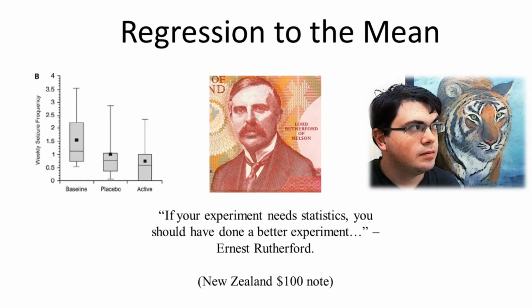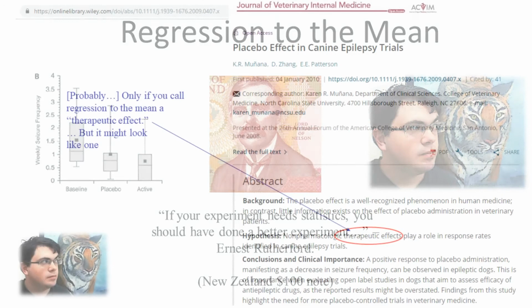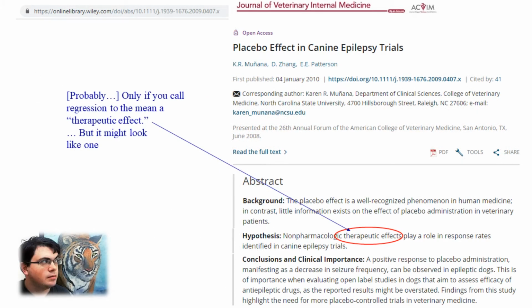I think essentially the same misinterpretation happened in this entertaining but misguided paper on what they call the benefits of the placebo effect in the treatment of canine epilepsy. So this is canines are dogs, by the way.